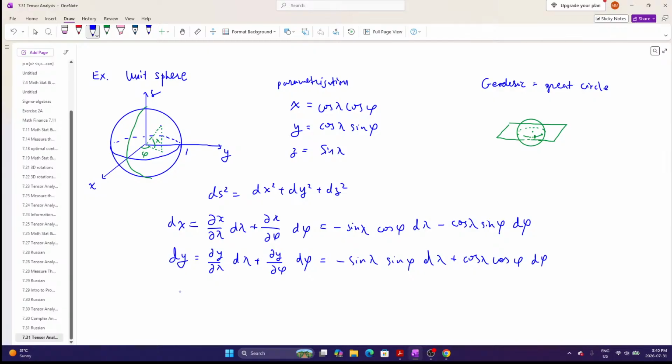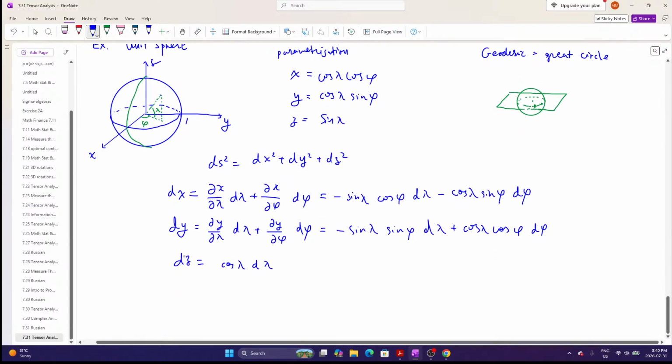All right, and lastly dz. Well, dz is just dependent on lambda, so this will be easy. This is just cosine of lambda d lambda. All right, and now let's calculate the sum of squares. So you've got ds squared.